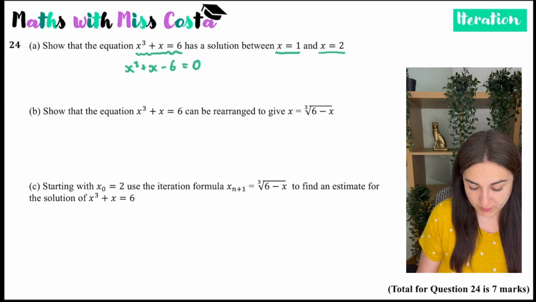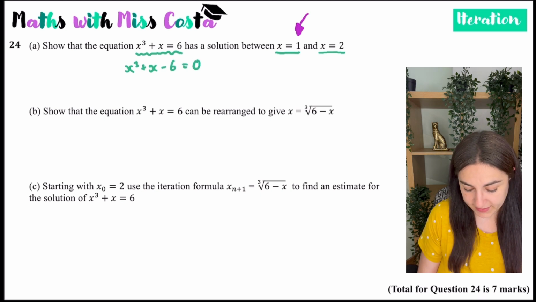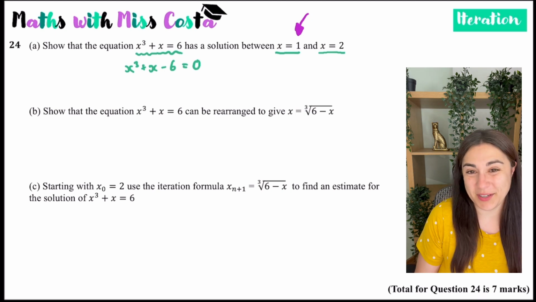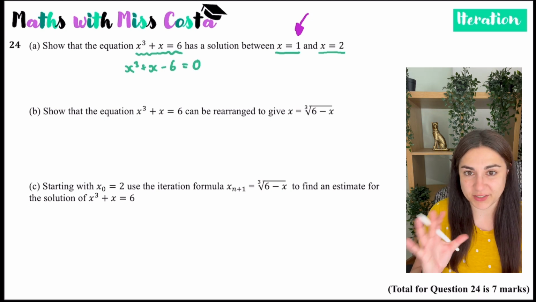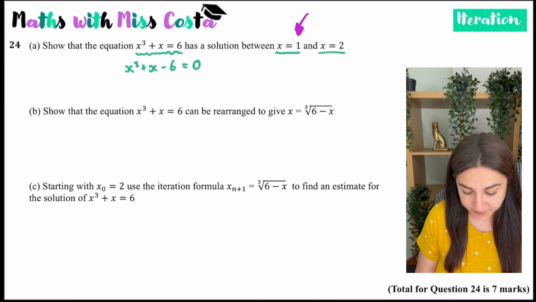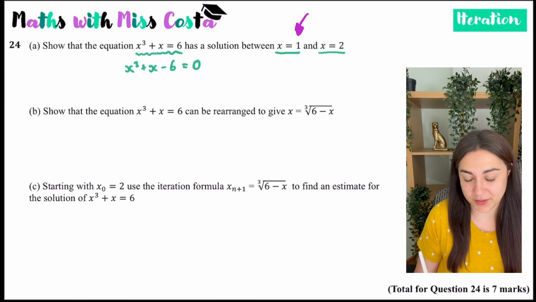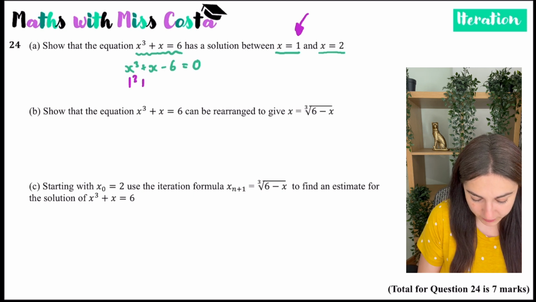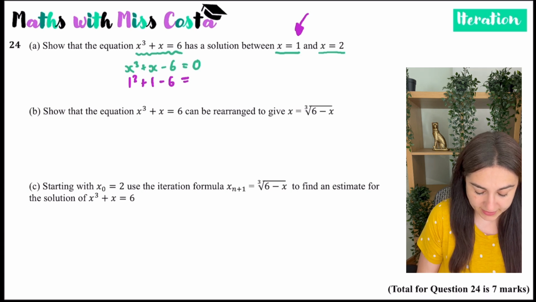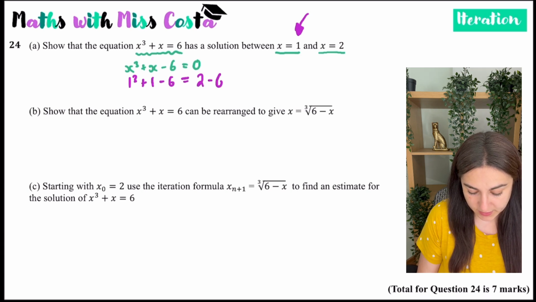And then what we want to do is substitute the values that they've given us. So most of the time it's already going to be equal to 0, but just in case it isn't, I put one like this. So first of all, we substitute the values. So we'd say 1 cubed plus 1 minus 6 equals, so 1 cubed, 1 plus 1 is 2, 2 minus 6 is minus 4.